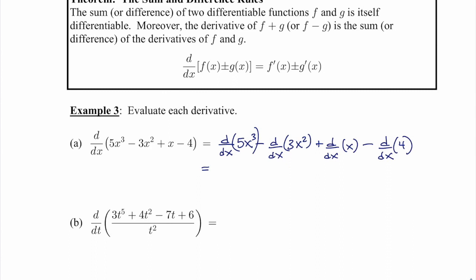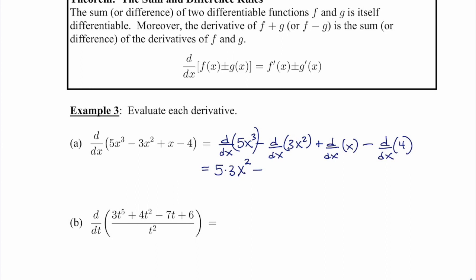And then we can say, well, I know here I have a scalar multiple times a power function. So the scalar multiple is multiplied by the derivative of the power function, which would be 3x squared, because I move the exponent down, make it a coefficient, and I subtract 1 from the exponent.